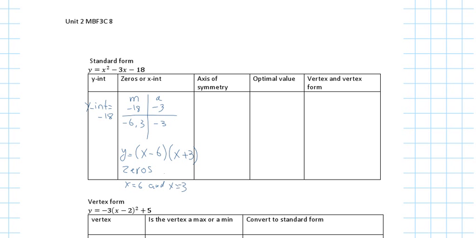So factor it, find the zeros. Because if I do x plus 3 equals 0, I bring the 3 over and it becomes a negative 3.